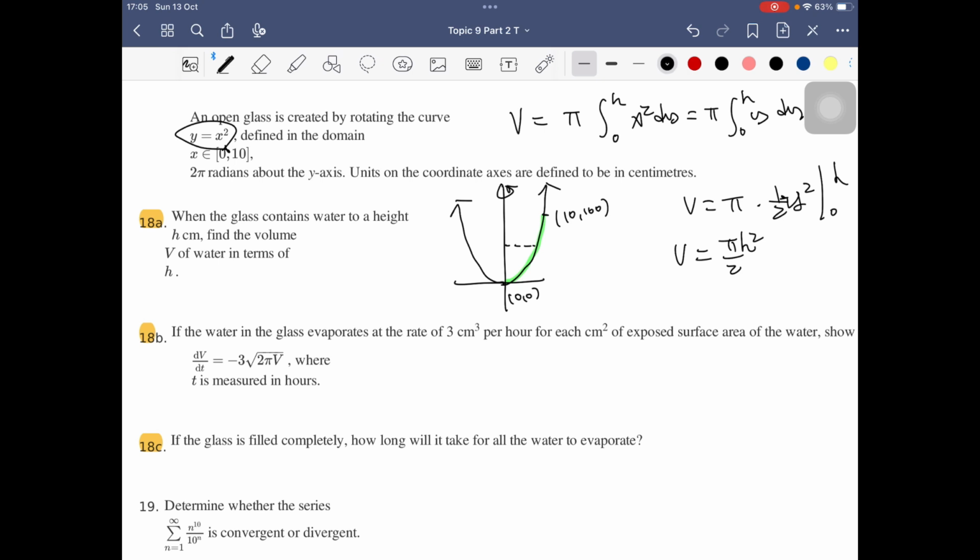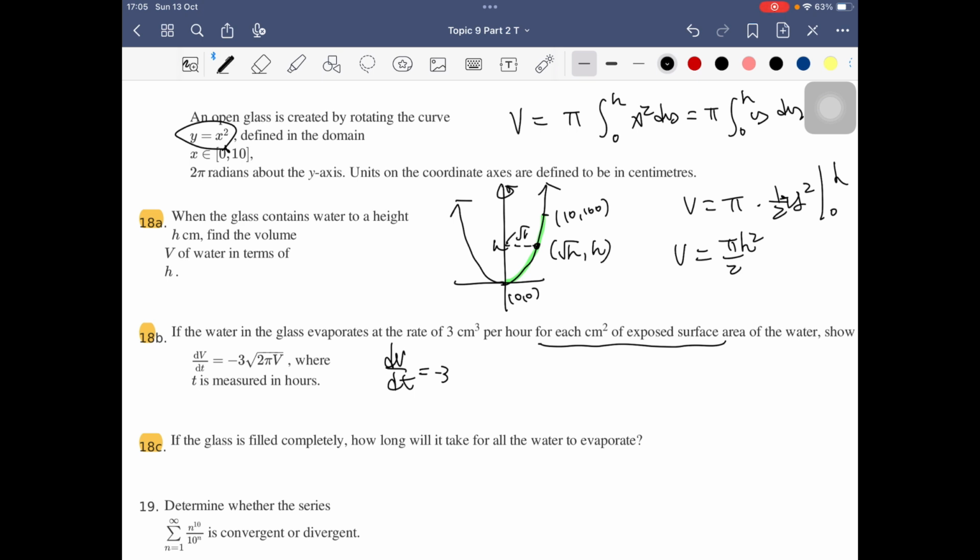It says dV over dt is evaporating. It is negative 3. So dV over dt is negative 3, but not only negative 3. It depends on each unit of surface of exposed area. So here, when the height is h, x should be the square root of h and y is h.